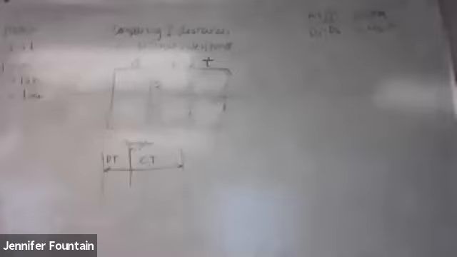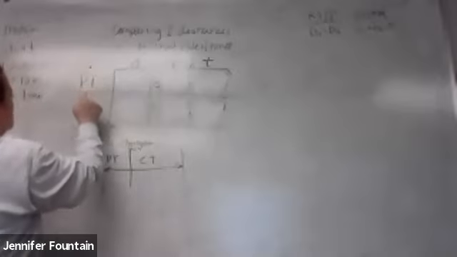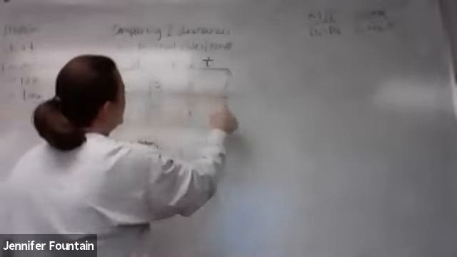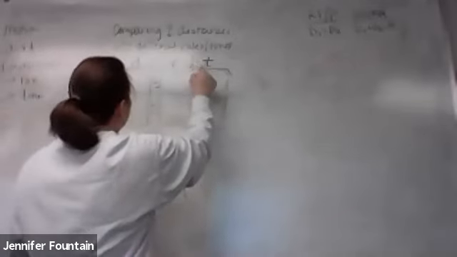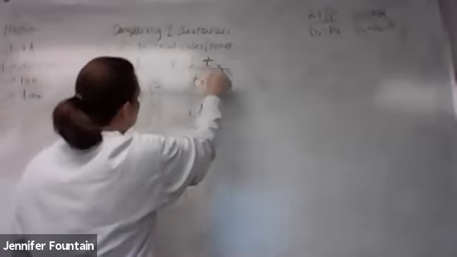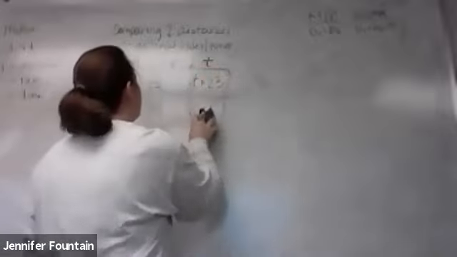So which one should be my variable? We'll let the coal train be T, and the passenger train will be T plus 23. No, that's not right. Good grief, not time.